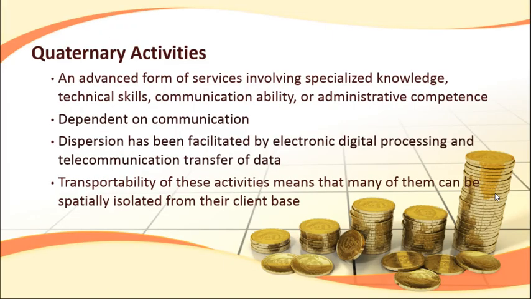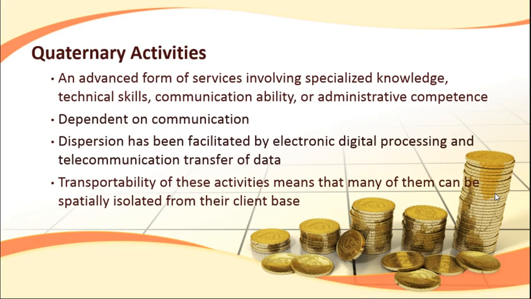Okay. Now, the quaternary activities, these are going to be advanced forms of services. They're going to require specialized knowledge, technical skills, communication, or administration. These are going to be unbound by any locational requirements, really, because these are things that can be transmitted electronically, right?